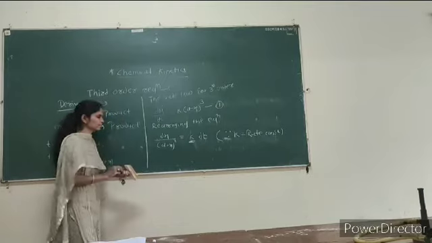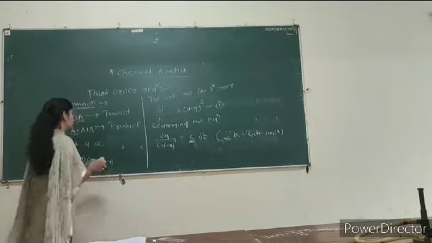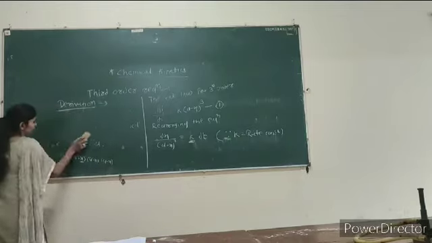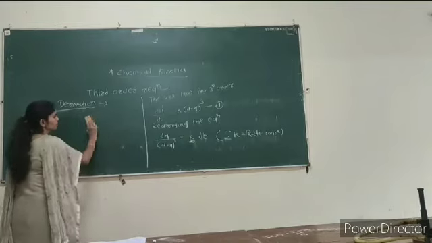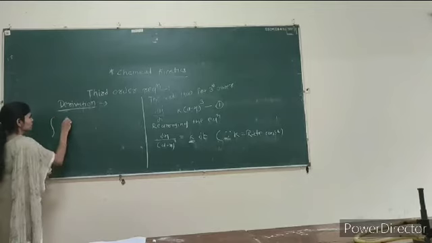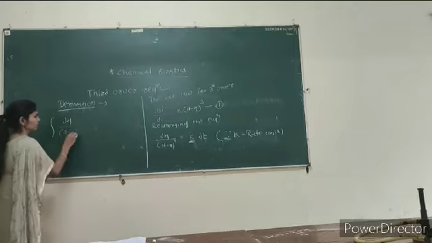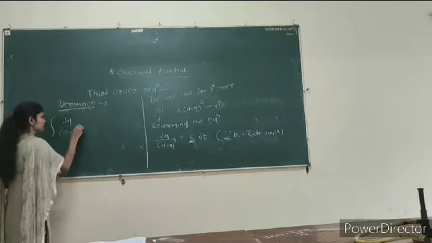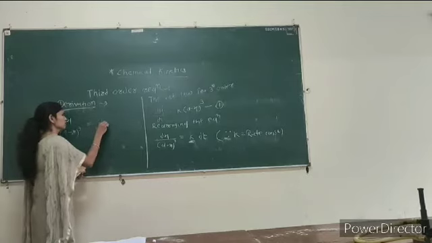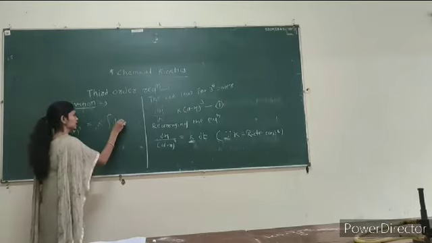Next, we integrate the above equation. Integration of dx upon (a minus x) raised to 3 is equal to k, which is constant, so k into integration of dt.